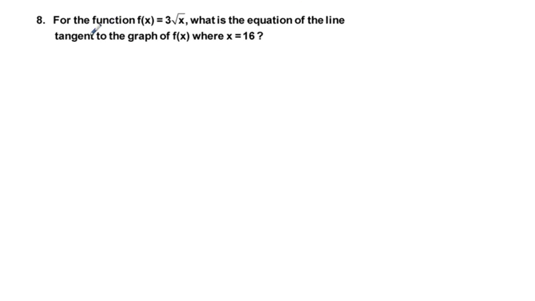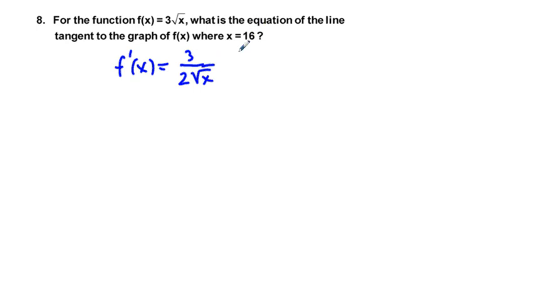Okay, 8. For the function f of x equals 3 square root of x, what is the equation of the line tangent to the graph of f of x where x equals 16? We can do the same thing we did earlier. We had f prime of x is equal to 3 over 2 square root of x.